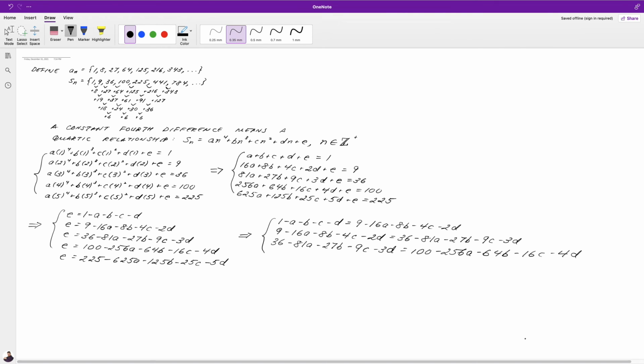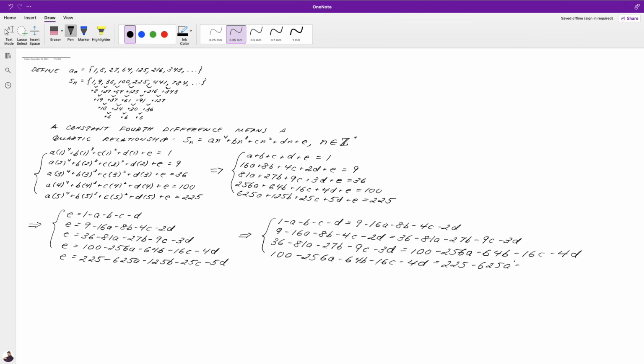And now let's set the fourth equal to the fifth. It's going to give us 100 minus 256a minus 64b minus 16c minus 4d is equal to 225 minus 625a minus 125b minus 25c minus 5d. Okay.